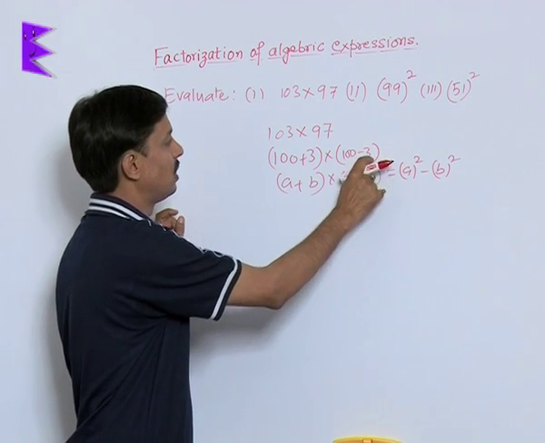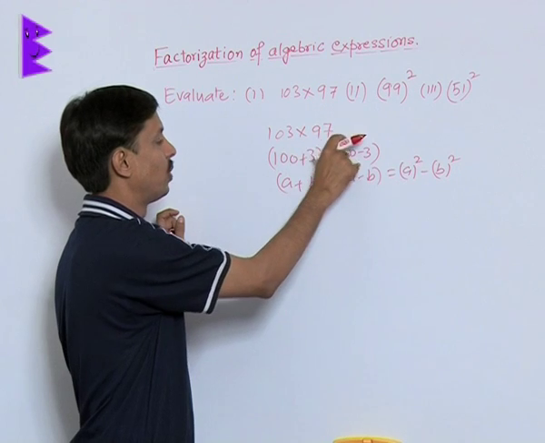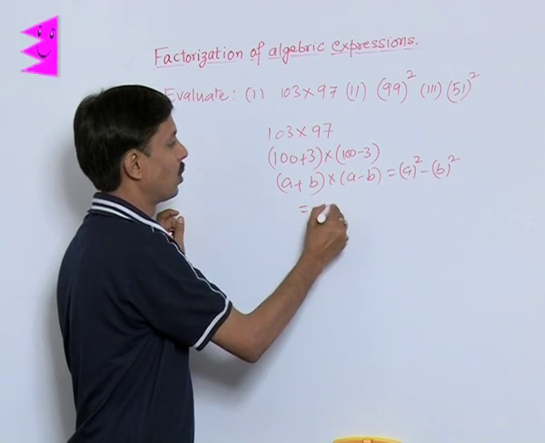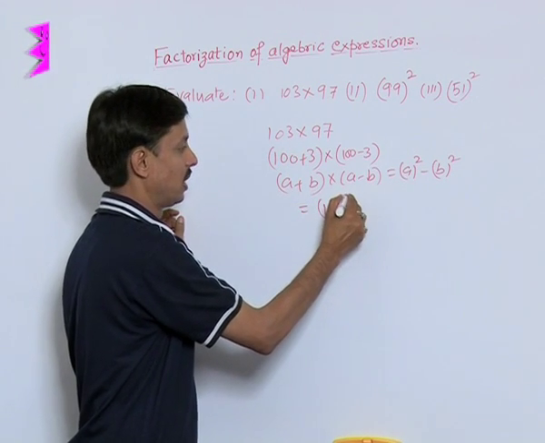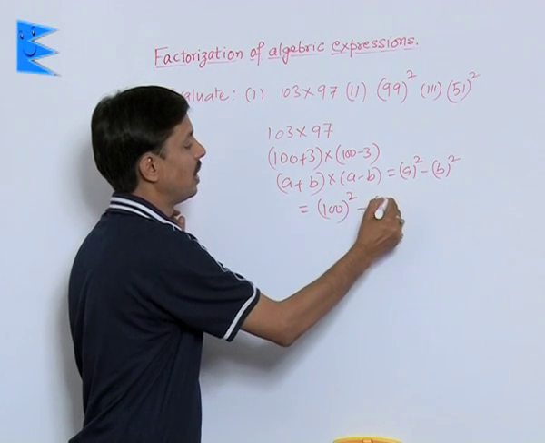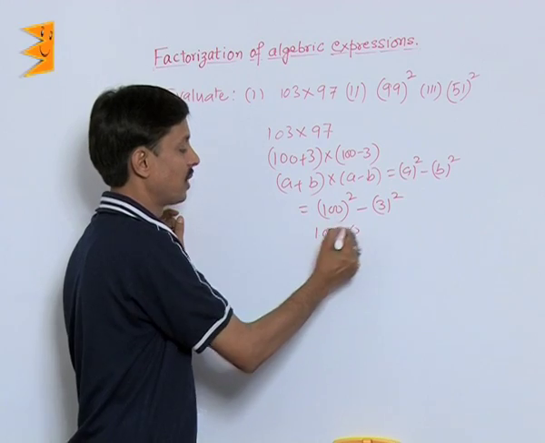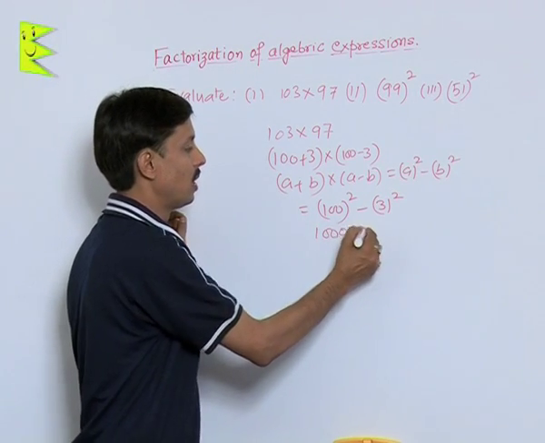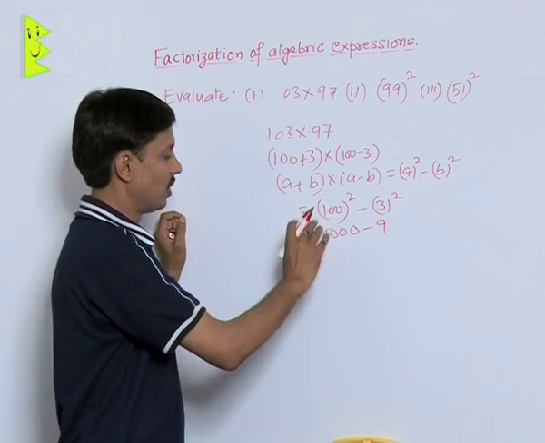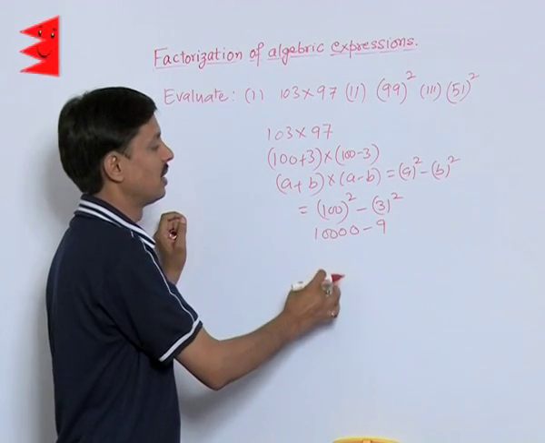So the product of 103 into 97 comes out to be 100 squared minus 3 squared. So this becomes 10,000 minus 9.